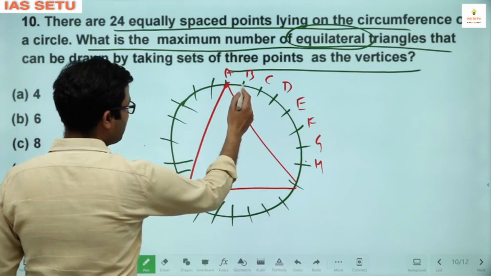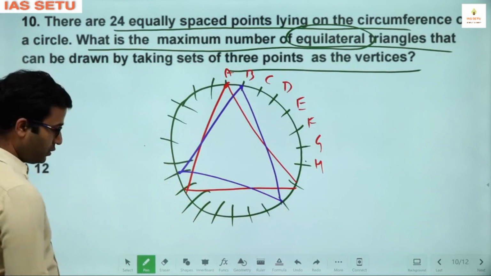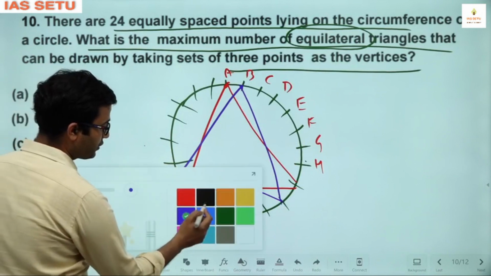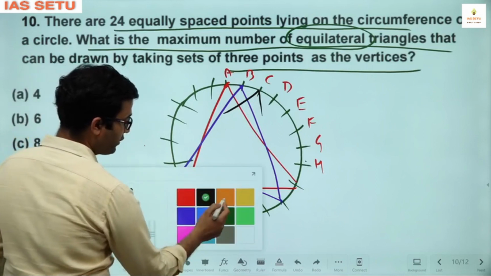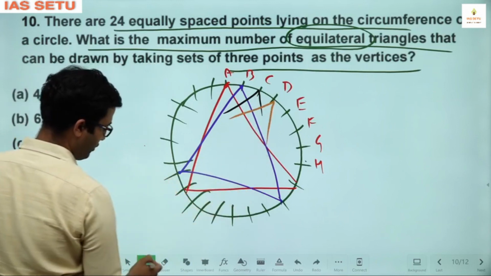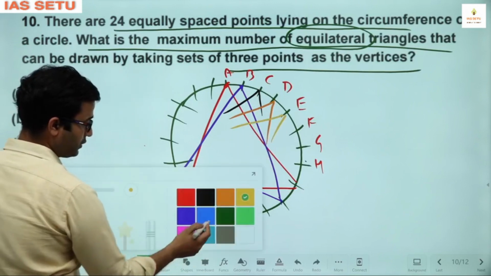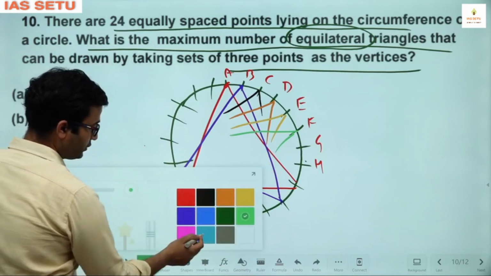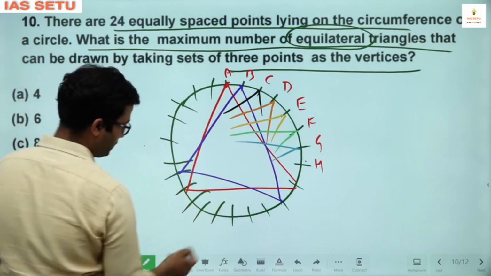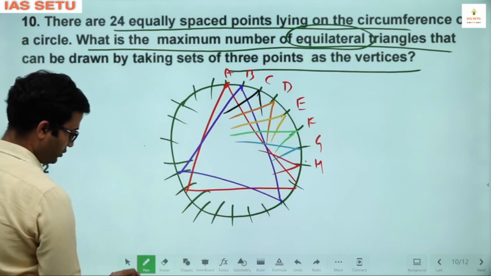Second, you start with B. Third, you start with C. Fourth, you start with D. Fifth, you start with E. Sixth, you start with F. Seventh, you start with G. Eighth, you start with H.